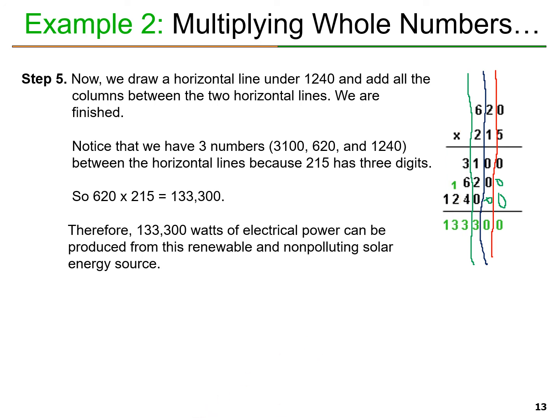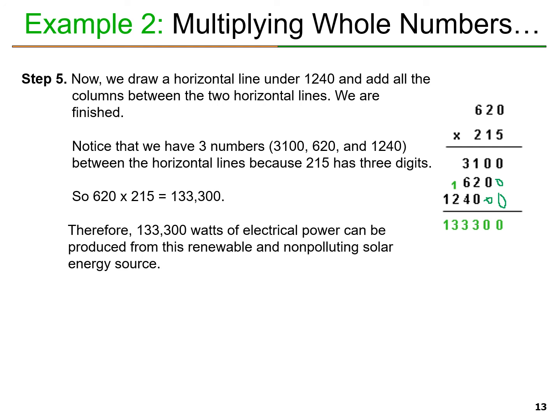So let me go ahead and erase these lines. So again, the important thing about the mechanics of multiplication is every digit in the bottom number is going to generate a number between the horizontal lines. So the 5 generated this number when we multiplied it by 620.